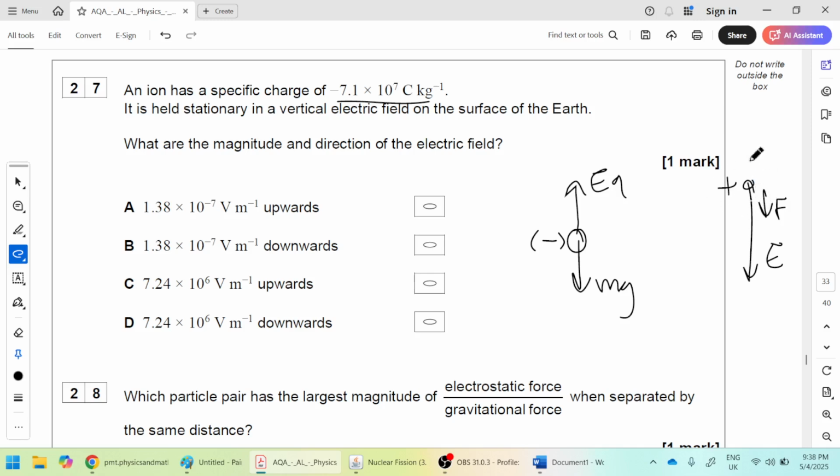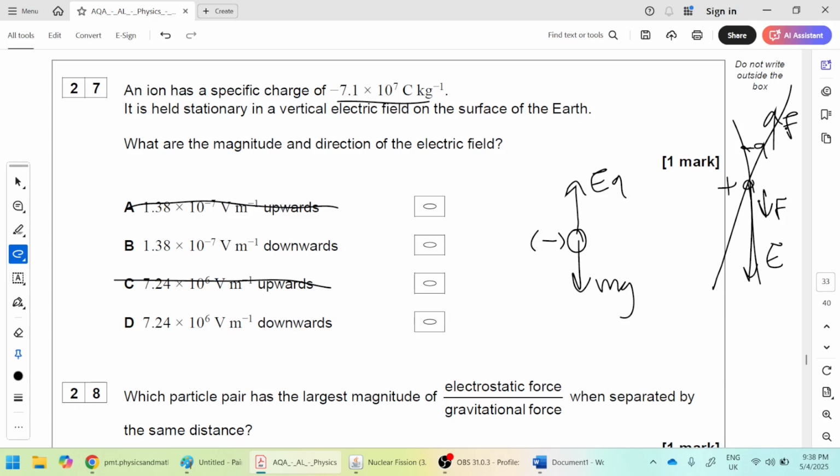So if it's a negative Q in the same electric field, it will have a force opposite to the electric field vector. Here, since the force is upwards, the field direction is going to be downward, for a negative charge. So these options are not valid.